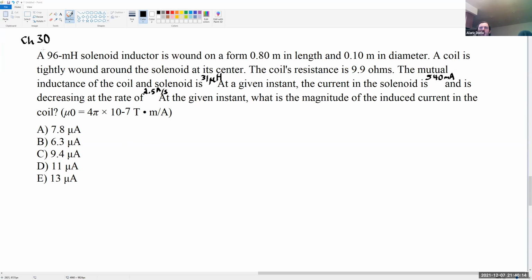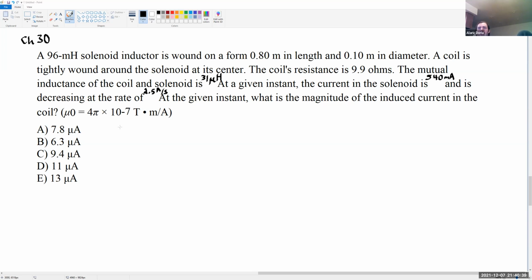Okay, here we are with a question from chapter 30. A 96 millihenry solenoid inductor is wound on a form 0.80 meters in length and 0.10 meters in diameter. A coil is tightly wound around the solenoid at its center. The coil's resistance is 9.9 ohms.